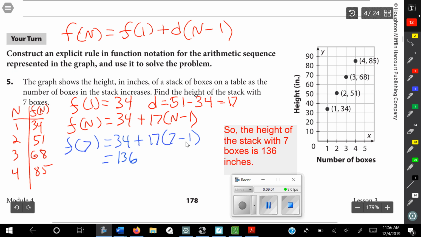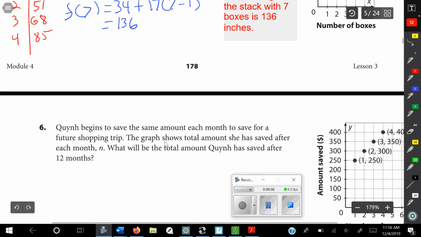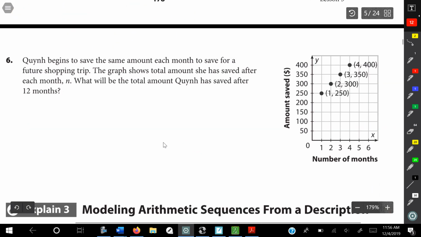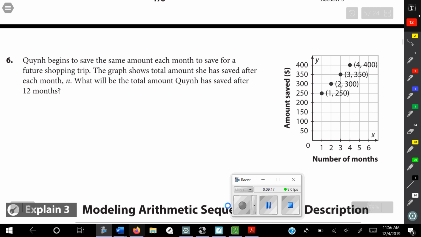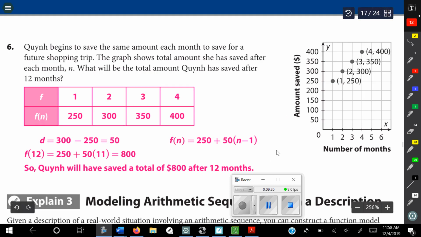All right, now take a look at number 6 and see if you can solve this one. Okay, so you should get this.